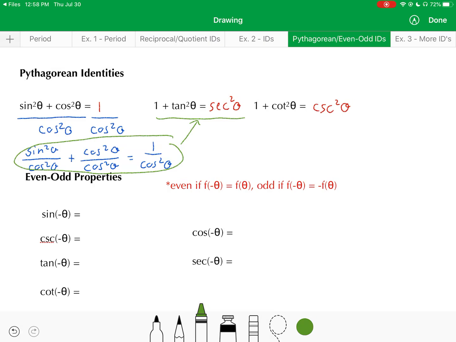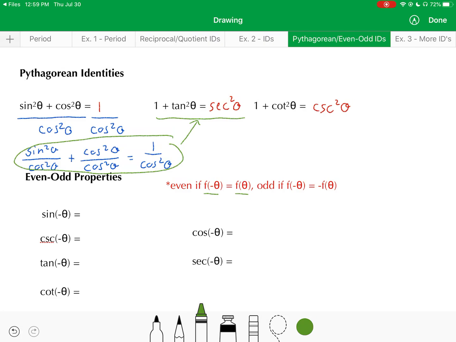So in the case of trig functions, you're evaluating with an angle measure, right? So to be even, f of negative theta has to equal f of positive theta. So like evaluating with negative 30 degrees should give you the same as evaluating with positive 30 degrees, okay? To be odd, when you evaluate with a negative angle measure, it should result in the opposite as when you evaluate it with a positive angle measure, okay?